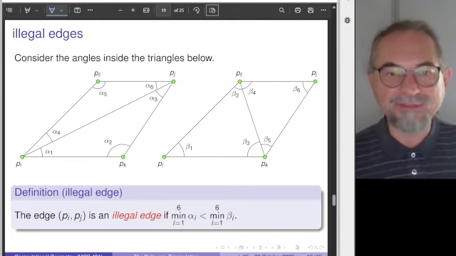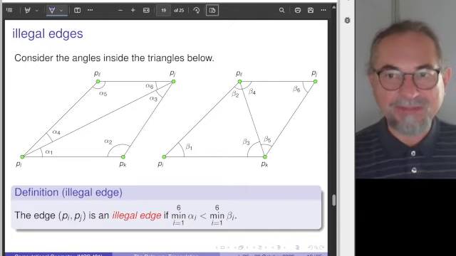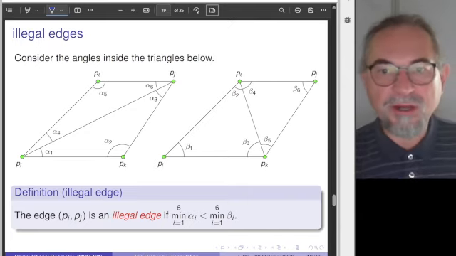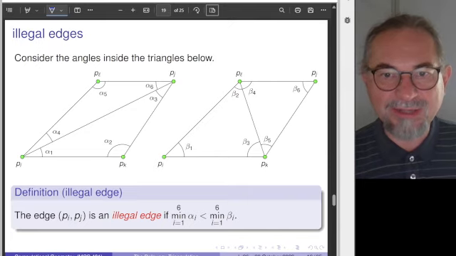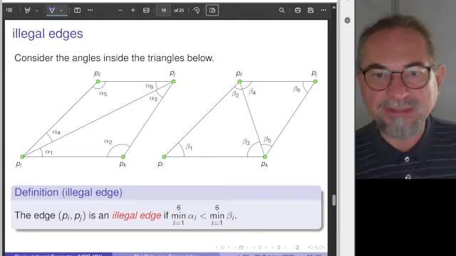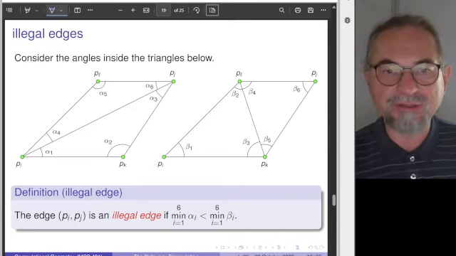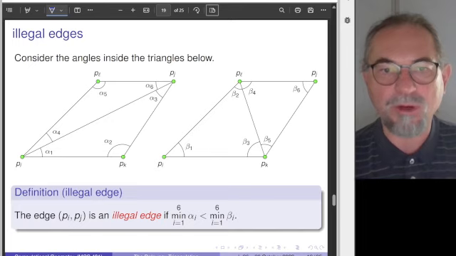So I'm reading the definition here, but perhaps better if you look at the picture. You can see that the triangulation on the right is a better triangulation than the one on the left. So alpha 1 is definitely less than beta 1.